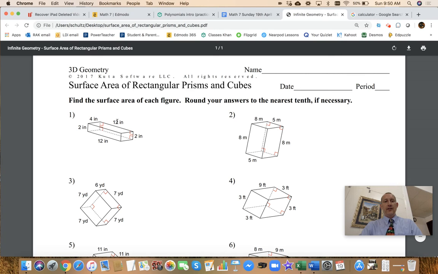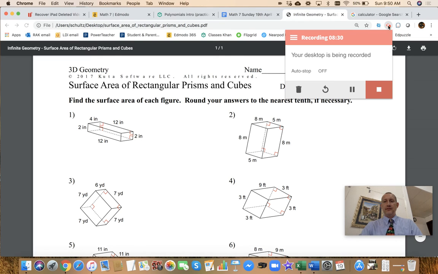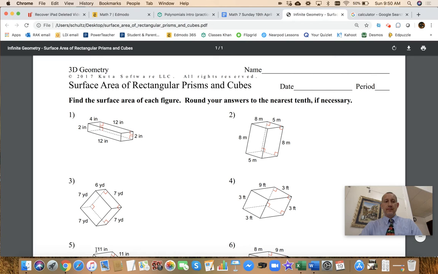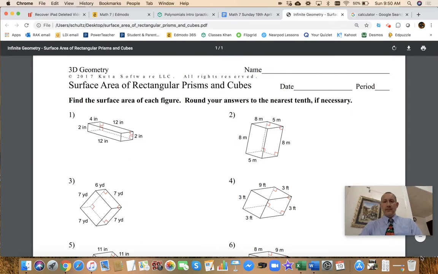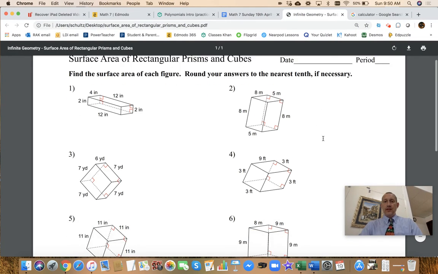So we can ignore these other 2 measurements. We just focus on those 3. I don't know where my marker went. Oh well. So what we're going to do is we're going to calculate it. So we're calling this the W, this is the H, and this is the L.